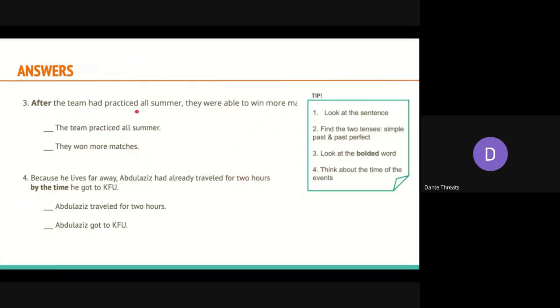The simple past, "were able to." Past perfect, "had practiced." Okay, "after" is the bolded word, and think about the time of the events. Okay, so what did the team do first? They practiced all summer, and the second event, they won more matches.